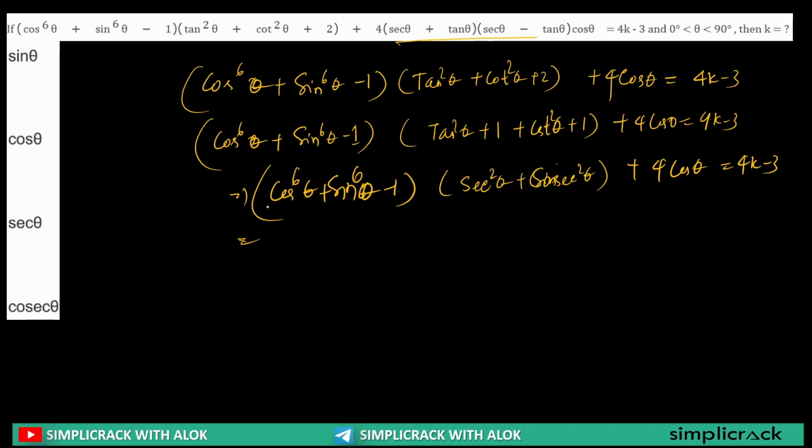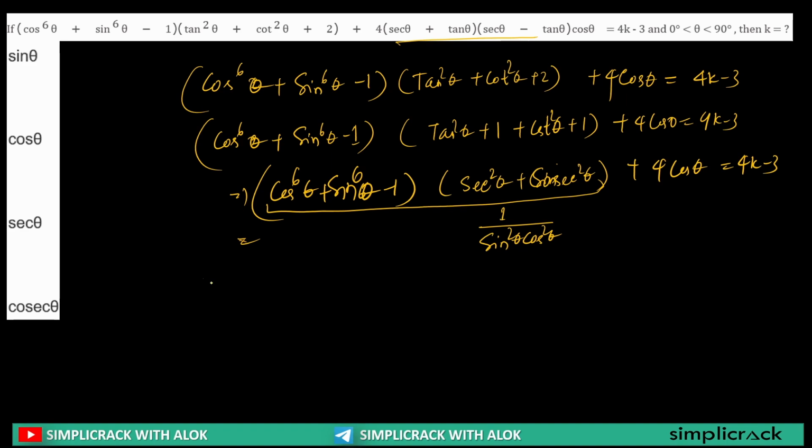This sec square theta plus cosec square theta can be written as 1 by sin square theta cos square theta.